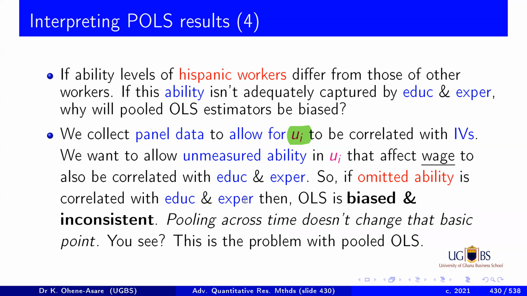It is inconsistent, which means that as the sample size increases, the coefficient does not even get closer to the true value. And this was all happening because of pooling across time. It doesn't change the basic point. And that's the main problem with OLS.